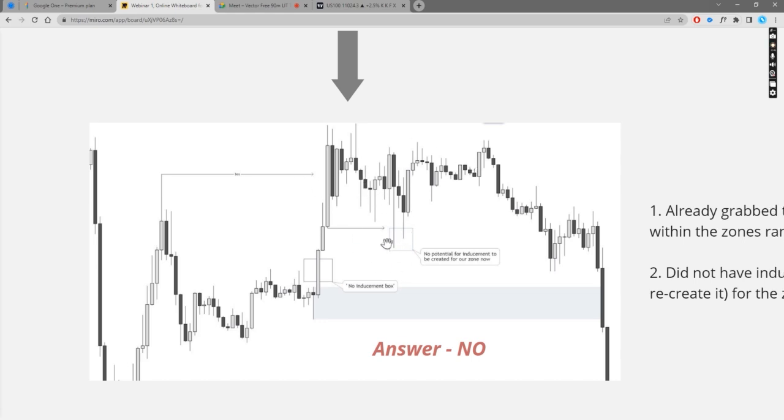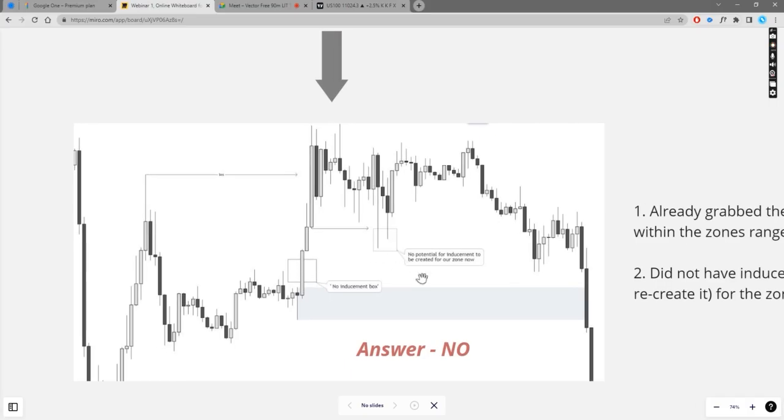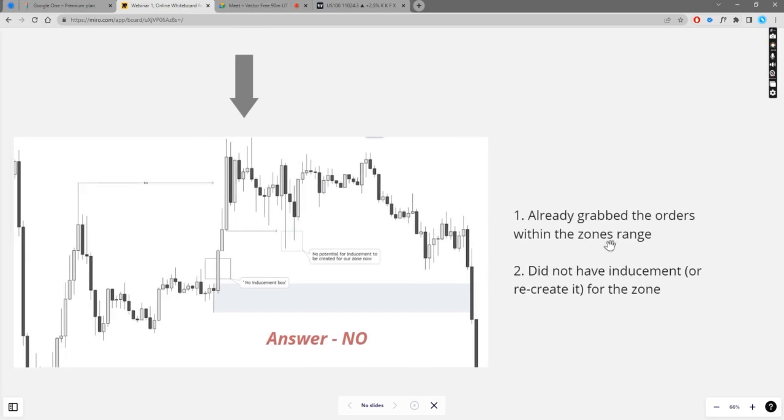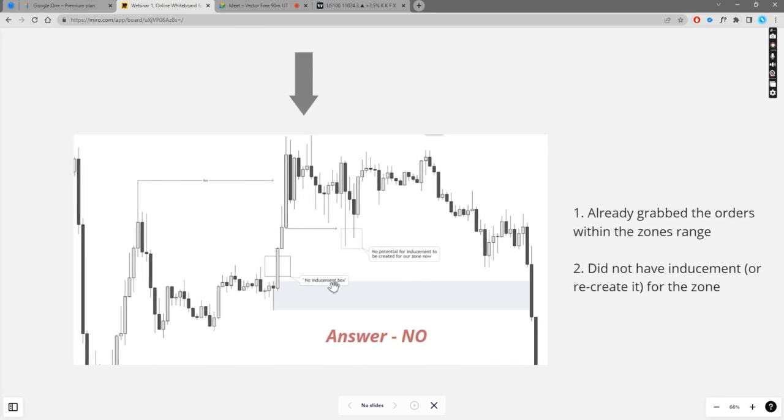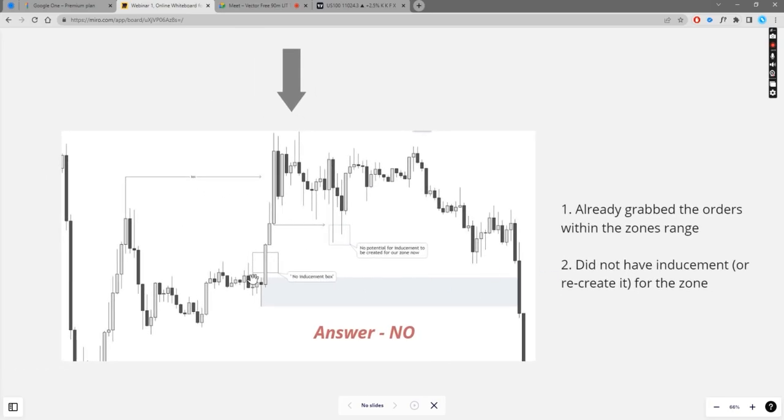So, like I said, there's no potential for inducement to be created for our zone because we had that kind of demand area mitigated, and then we swept past it, okay? Now, because we swept past it here, well, there's no more price action here for more inducement to be created, okay? So we already grabbed the orders within that zone's range, okay? And we did not have inducement already created for that zone.